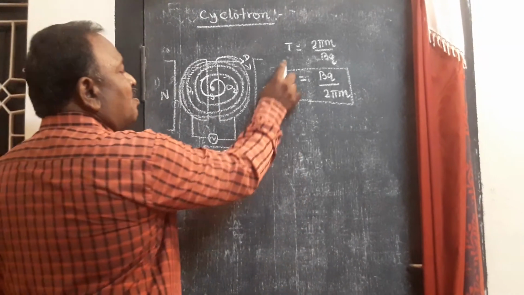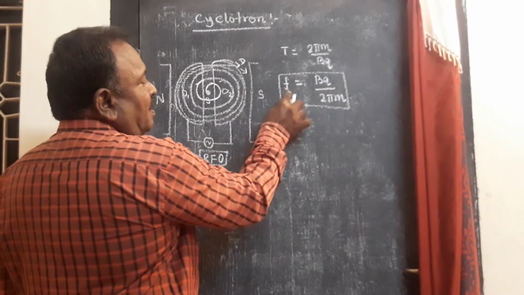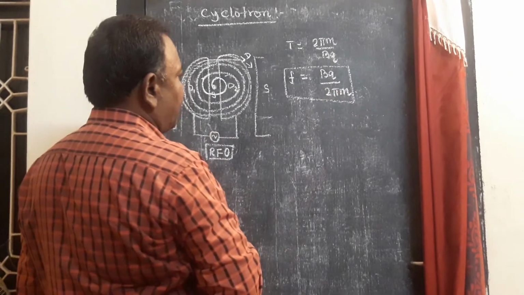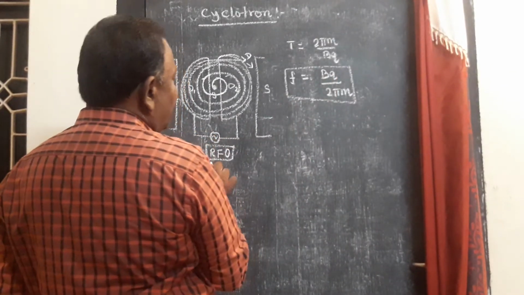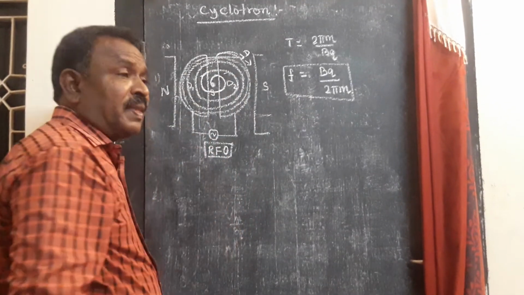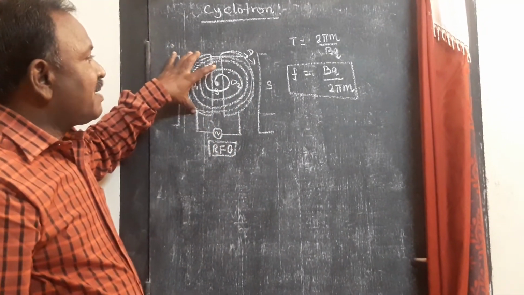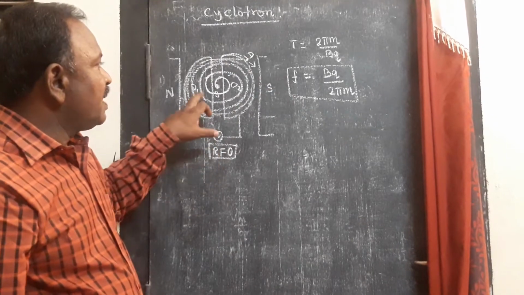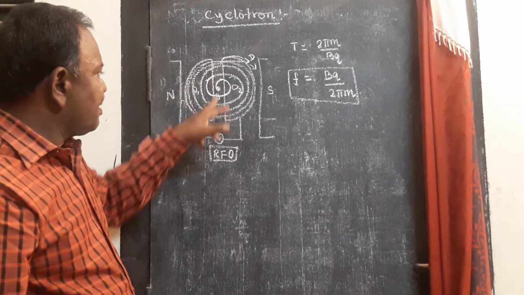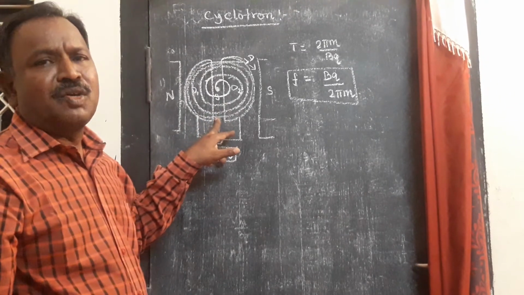So the frequency of the orbiting particle is given by f equals Bq by 2 pi m. The frequency of the radio frequency oscillator and the frequency of the orbiting charged particle are equal. Then the charged particle gets accelerated every time it crosses the gap between the two Ds.